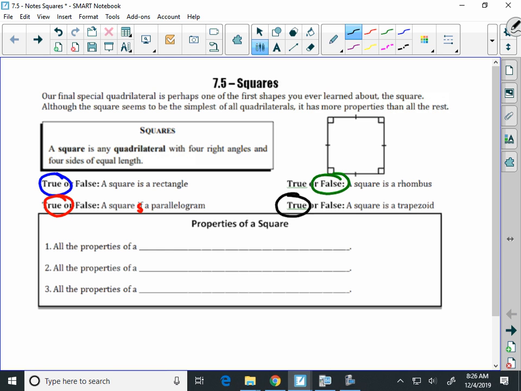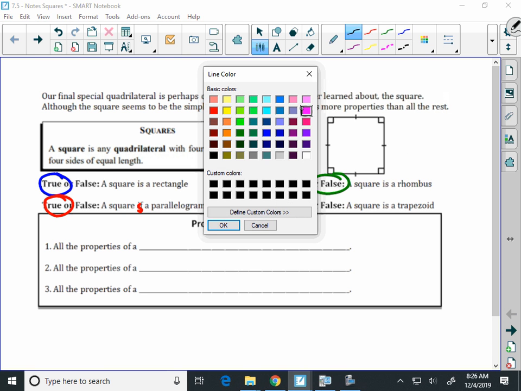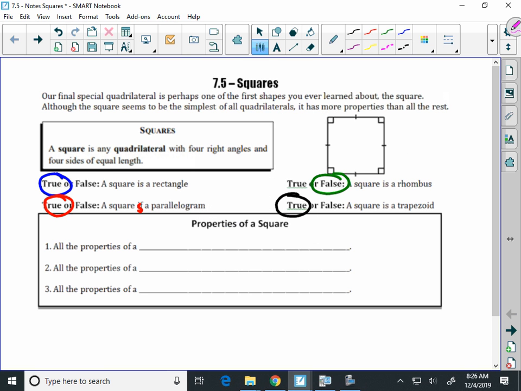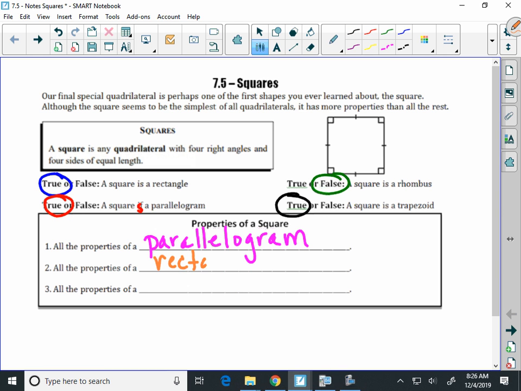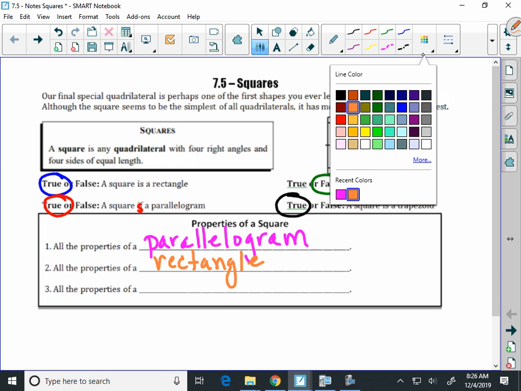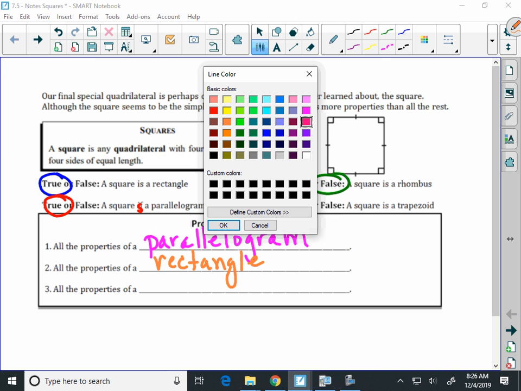So, again, the hardest part about the square, conceivably, is that it has all of the properties of a parallelogram, and it has all the properties of a rectangle. And finally, it also has all the properties of a rhombus.